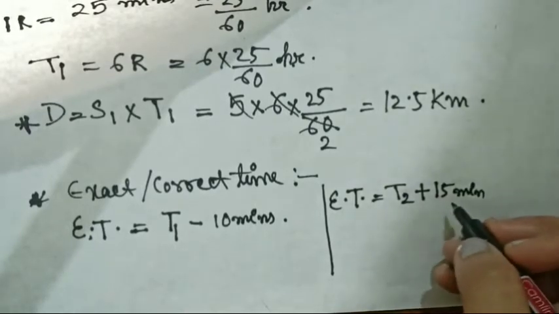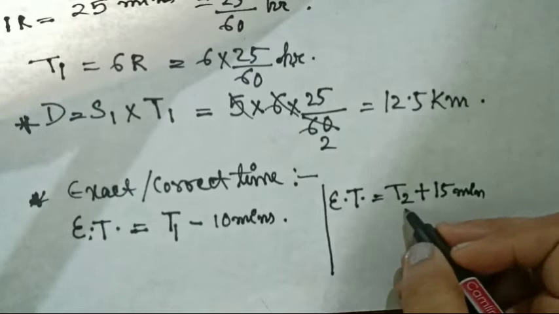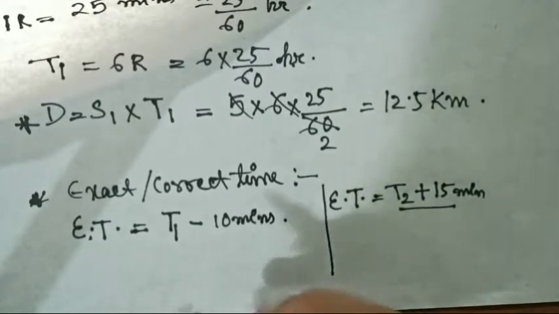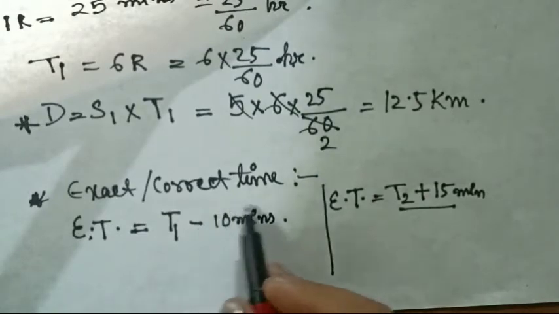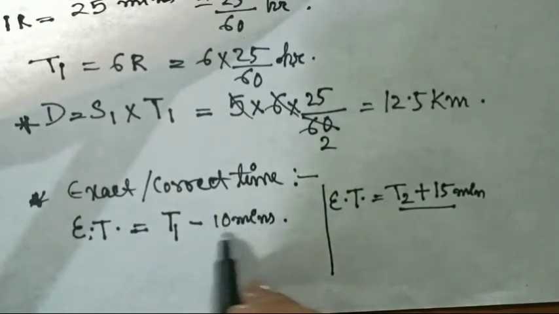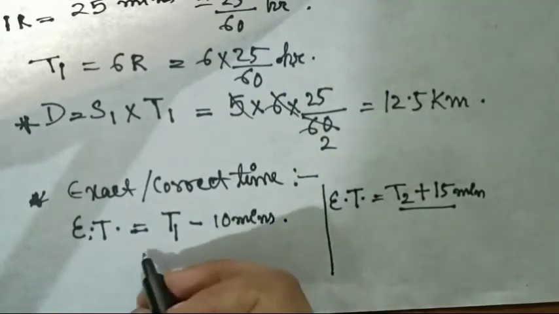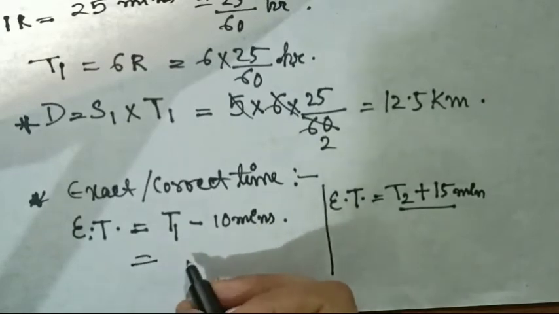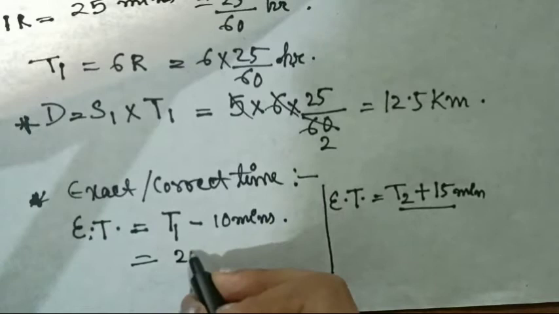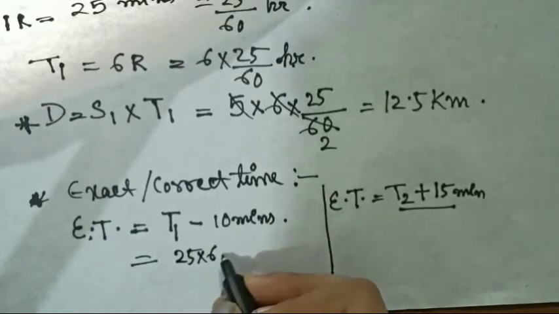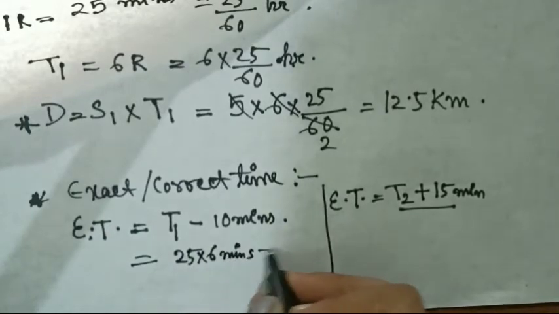Whenever he is early, to find the exact time we add that time, and whenever he is late, we subtract that late time. So from here we got T1 was 25 into 6 minutes, isn't it, minus 10 minutes.